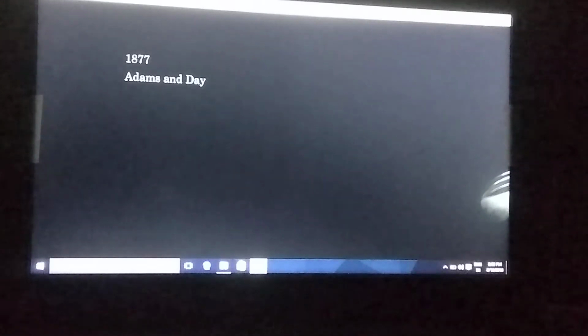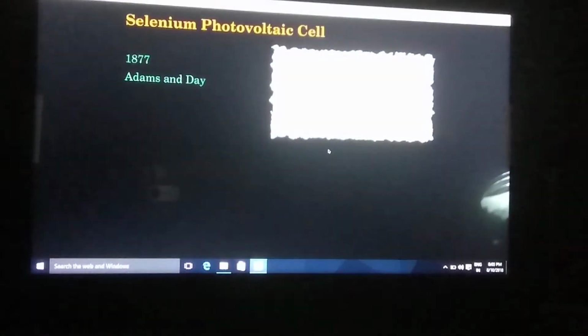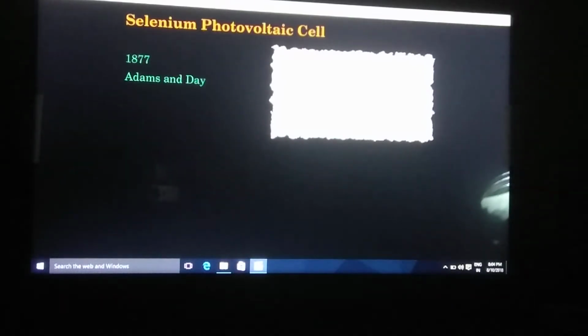Adams and Day published in the Philosophical Transactions of the Royal Society of London, the action of light on selenium, wherein it is described the selenium photovoltaic cell.